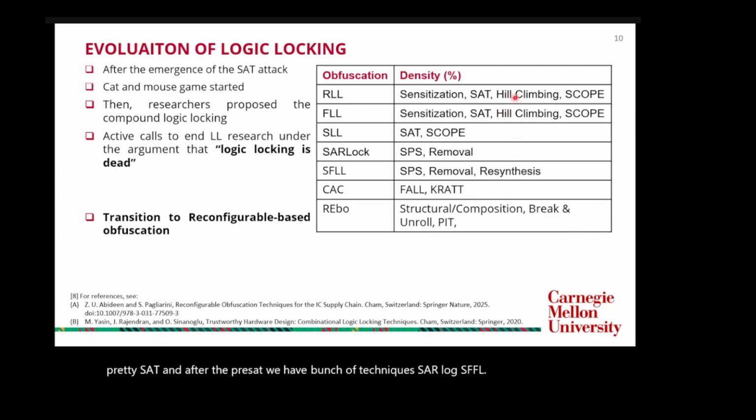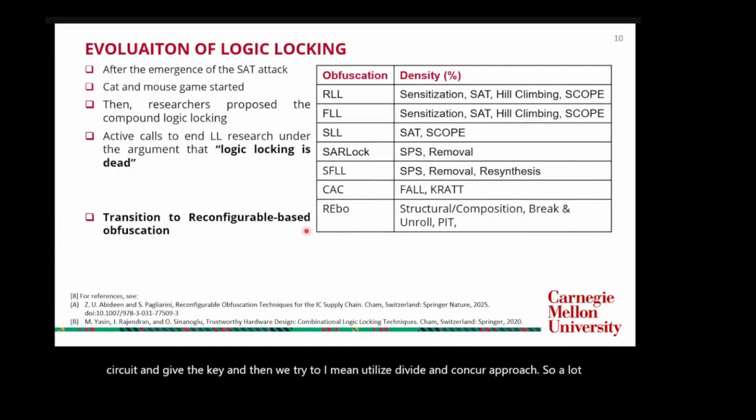SAT, then hill climbing, which is a heuristic attack, and then SCOPE, which is a resynthesis attack. Removal attack is where we try to remove some part of the circuit and give the key, using a divide-and-conquer approach. So a lot was happening.